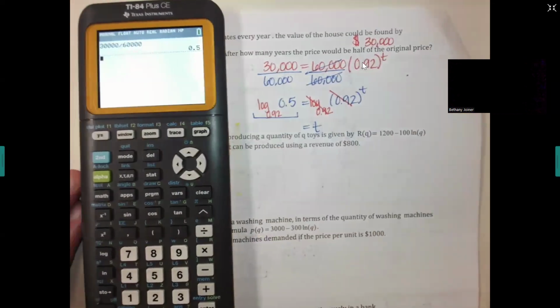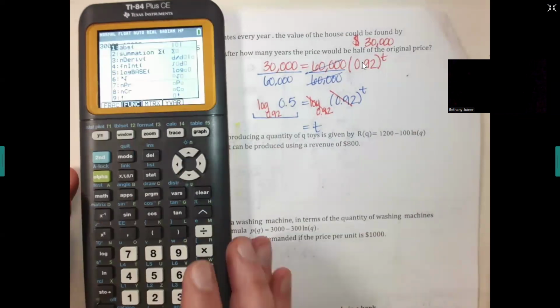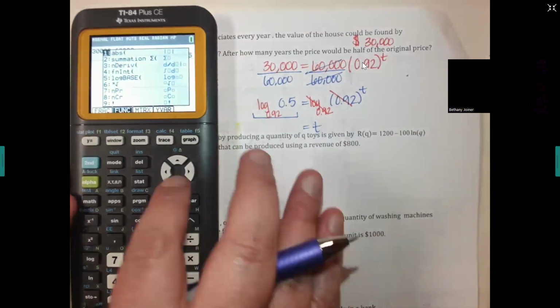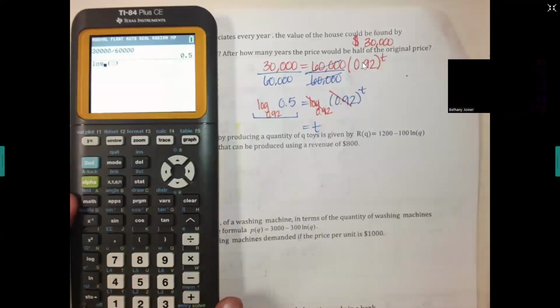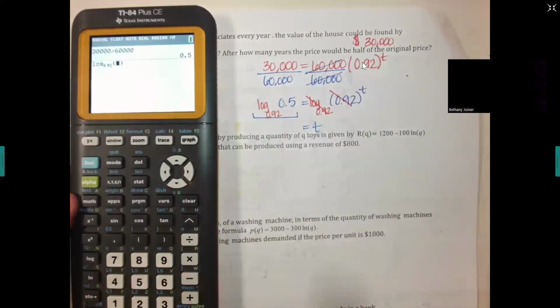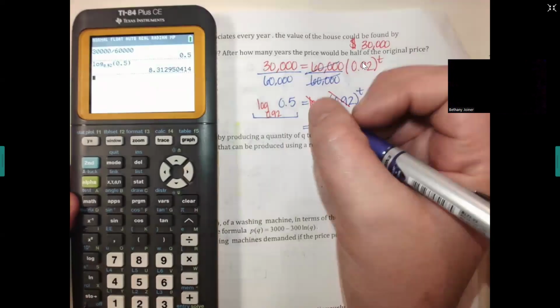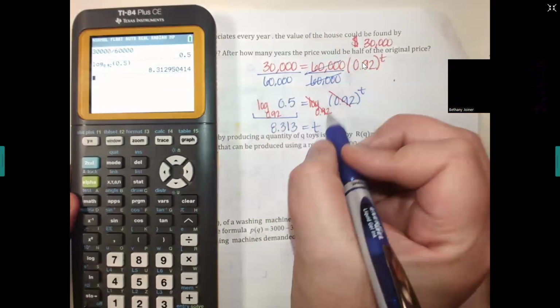Remember, to access the log button, you push alpha window, and then go down to option 5, which is log base. Then I put 0.92 in the little box, and 0.5 in the big box. So my time comes out to 8.313.